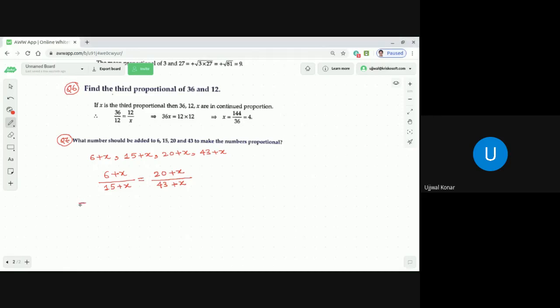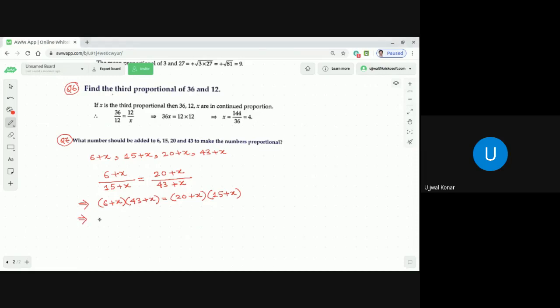So then that implies what? 6 plus x into 43 plus x is equal to 20 plus x into 15 plus x. So now let's multiply.